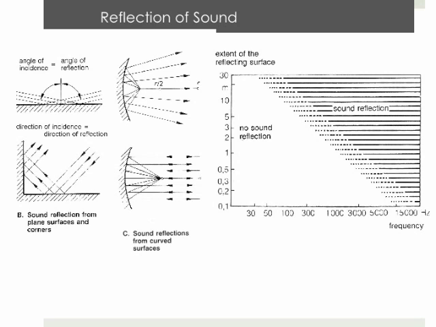Here we see some interesting relationships between the shape of the reflecting barrier and also the extent. So you see that if the sound barrier is very small, we have a particular effect on higher frequencies, but we only have effect in lower frequencies if this is very large. So this is the graph that you see on the right.